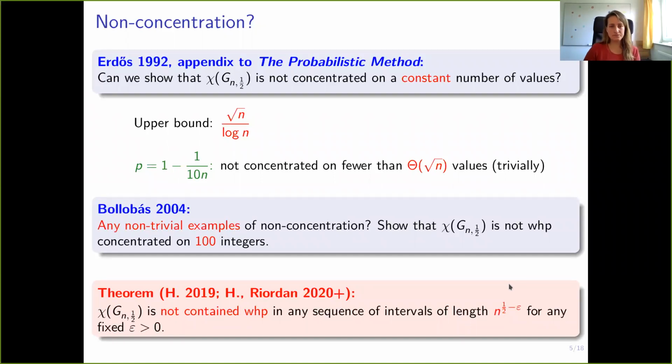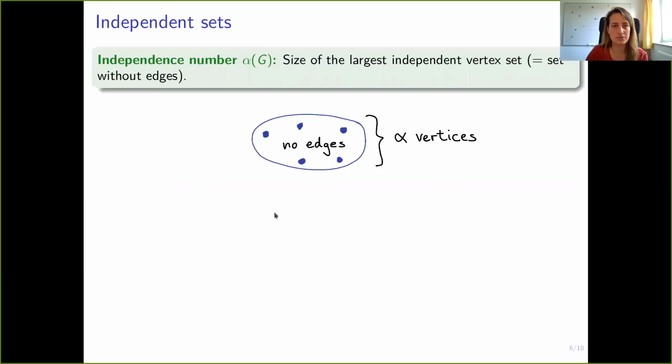Okay, so before I get into the details of the proof, let me try to convince you why this theorem should hold. So intuitively, why we should expect the chromatic number of G(n, 1/2) to be not too concentrated. For that, I have to talk about independent sets for a bit. An independent set is a vertex set without any edges between them.